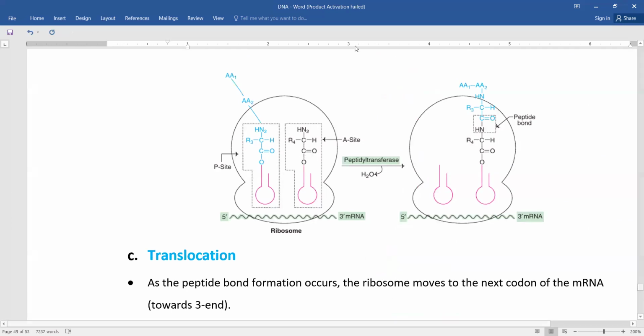Okay, so the bond is formed between this NH2 and this COOH, that is called a peptide bond. So CONH, this is the peptide bond. Okay, so that is how the peptide bond is formed. And see, now the first tRNA in the P area became free and that is liberated. So it helps peptidyl transferase when H2O is utilized.